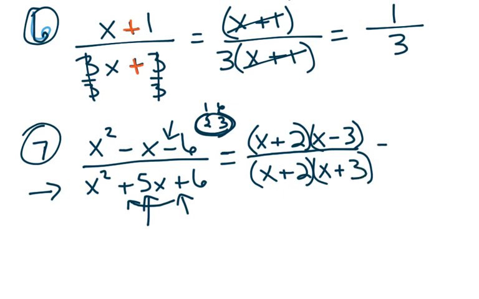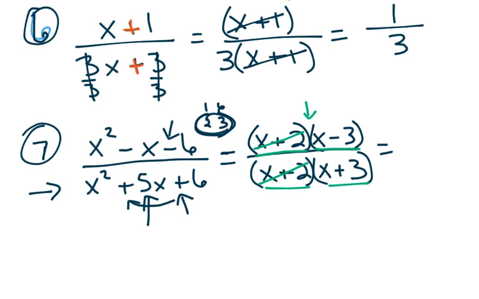All right, now I'm looking at this as something times something, and something times something. There's no addition in between the parentheses, so I'm okay to simplify. This x plus 2 on top is exactly the same as the x plus 2 on the bottom, so those can cancel out.